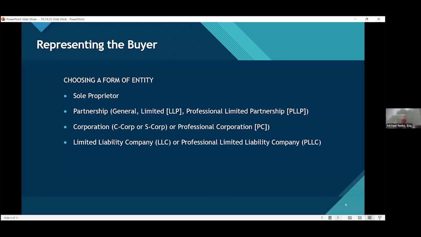Similarly, if you're representing the seller, and the seller is an entity, a corporation, or a limited liability company, make sure that all of the necessary parties are on board with the transaction, and that you are dealing with a person who's authorized to act on behalf of the entity, right?